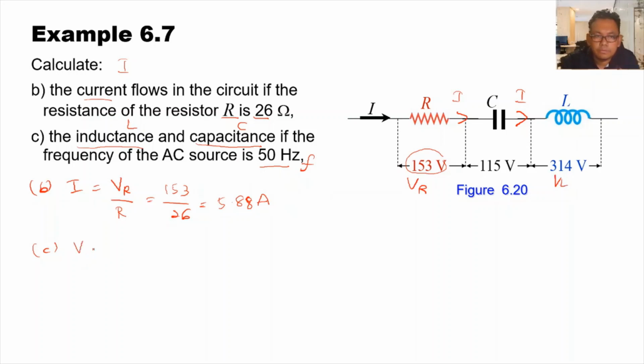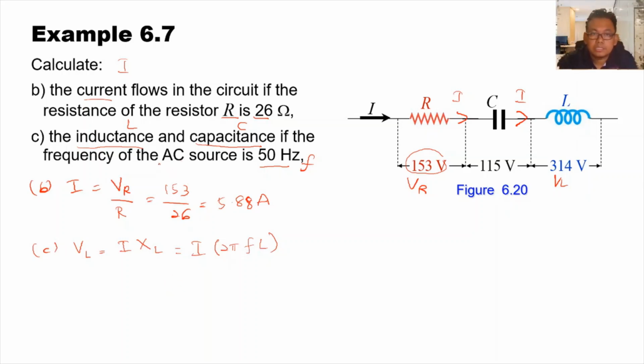The voltage through the inductor is equal to the current times the inductive reactance. We elaborate the formula, and inductive reactance is equal to 2 pi times frequency times inductance.